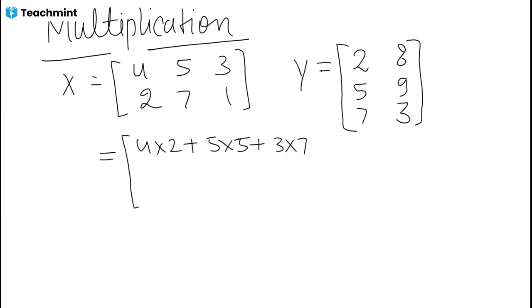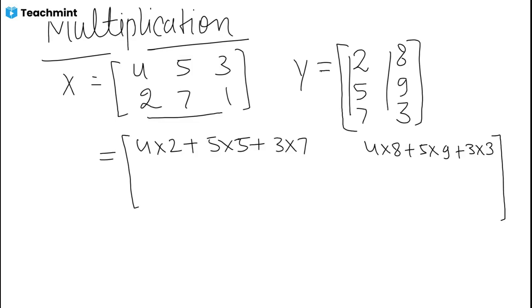Similarly, multiply this row with this column also. In a similar way, 4 into 8 plus 5 into 9 plus 3 into 3. Now multiply this row with the first column, then the second column. 2 with 2, 7 with 5, plus 1 with 7.